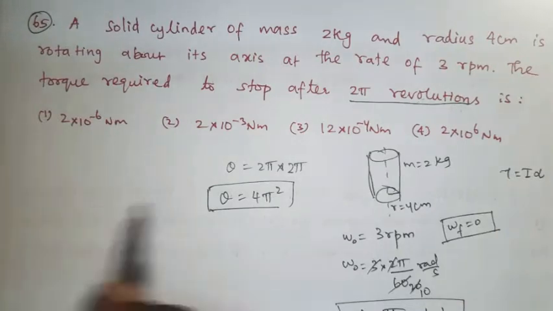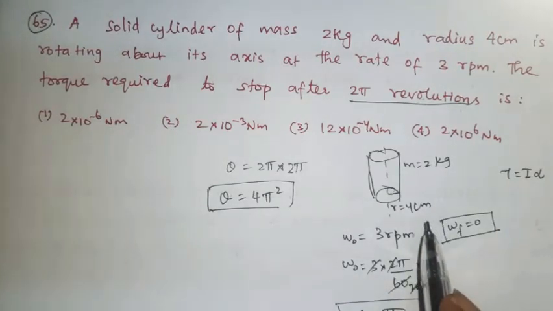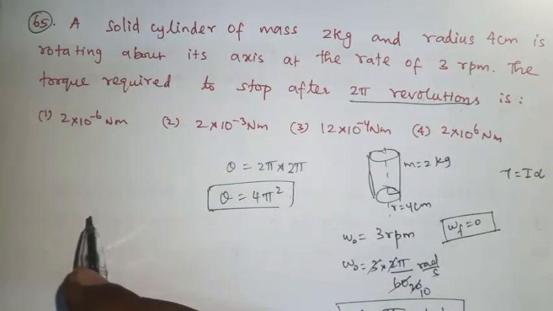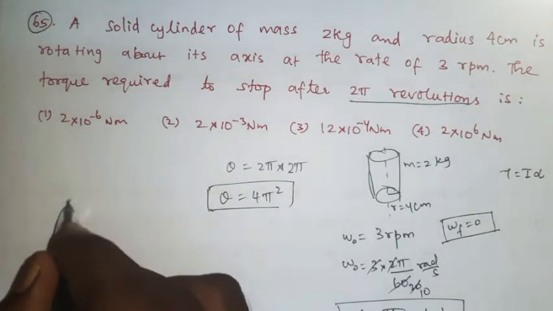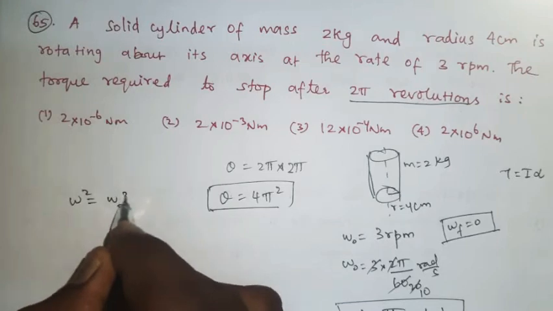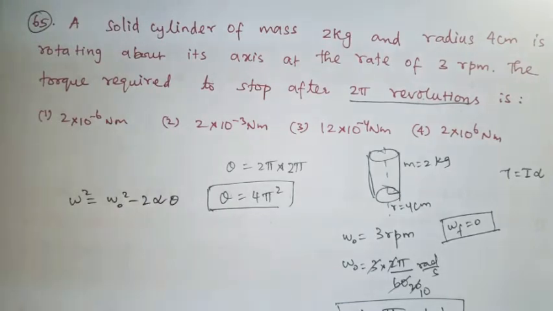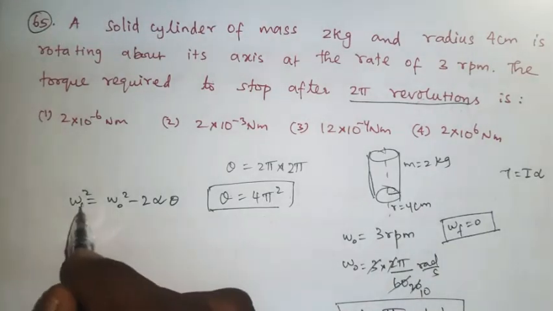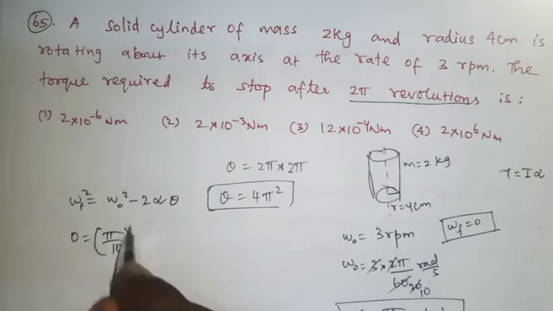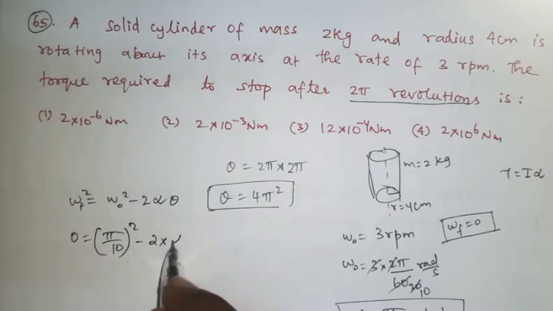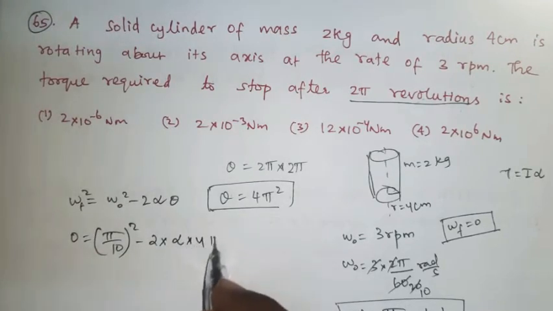We can find the angular acceleration using the equation of motion in angular motion. Omega square equals omega naught square minus 2 alpha theta, where omega value is 0 because the final angular velocity is 0. Omega naught value is pi by 10 whole square, minus 2 alpha, which you are going to find out. Theta is 4 pi square.